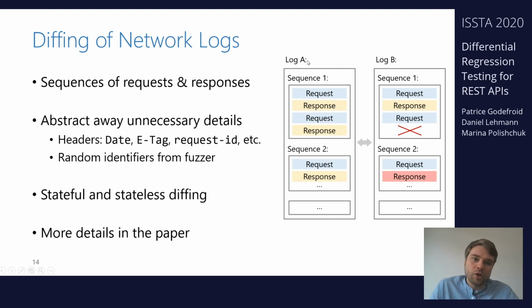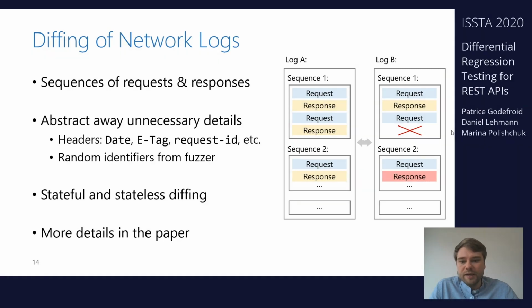And then we recursively compare two such network logs with each other after abstracting away some unnecessary details, for example, non-deterministic HTTP headers like date or etag, or properties in requests that are only coming from resources that were allocated by the fuzzer, for example.